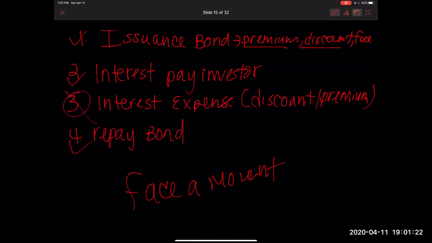You will not have this step because there is no premium or discount that you need to account for. However, if you have a premium or a discount, you're doing all 4 steps. So I want to make sure you understand that concept.